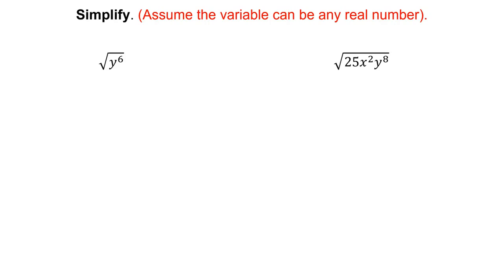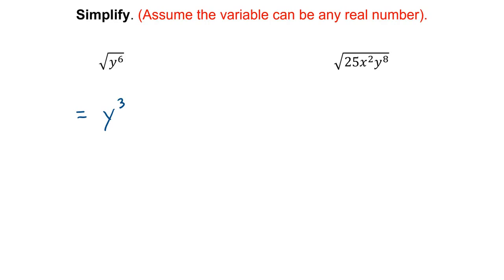So let's find the square root of y to the 6. The square root of y to the 6 is y to the third, because y to the third times y to the third gives us y to the 6th. But do we need absolute value bars around this y to the third? Well, if y is negative, we would have a negative times a negative times a negative, which would give us a negative value.